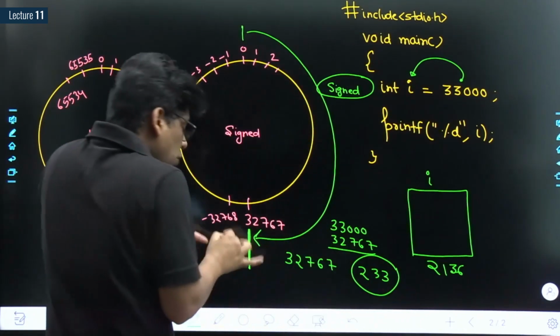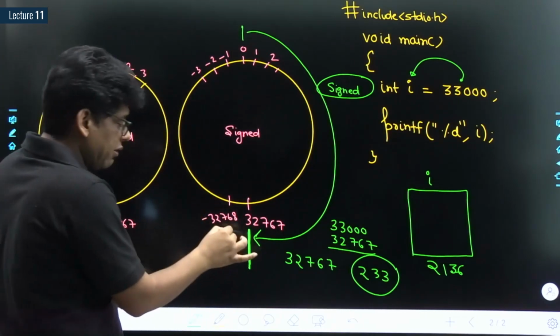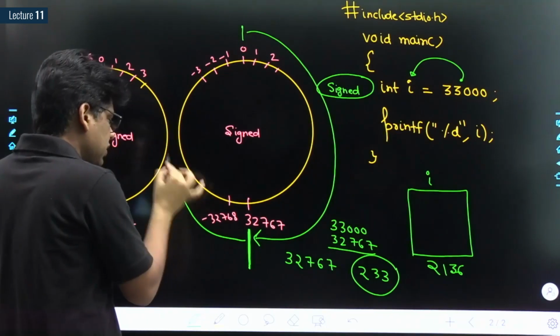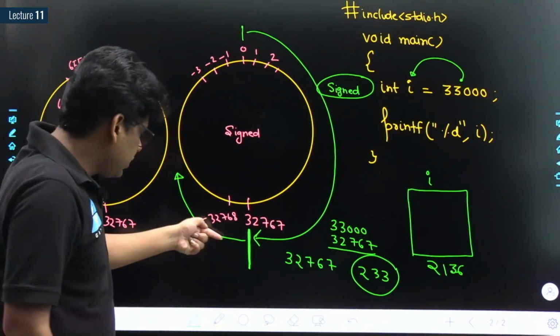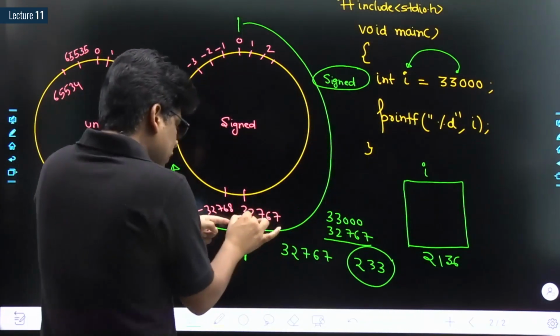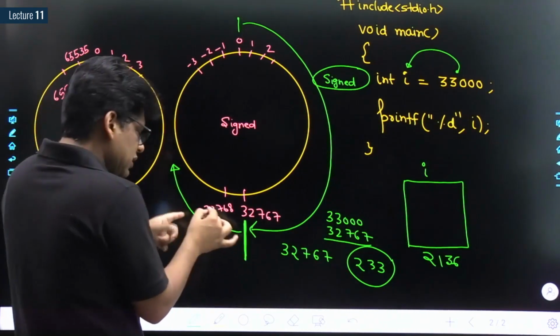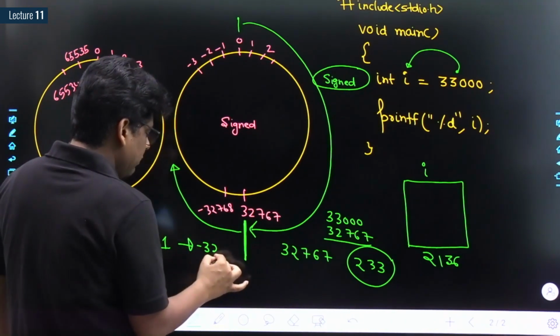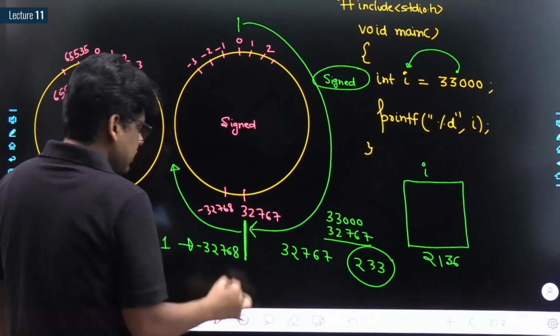Sir, we need to count. Since our number is positive, we need to count 233 more in this particular direction. If we count one more in this direction, what will we get? Minus 32768.